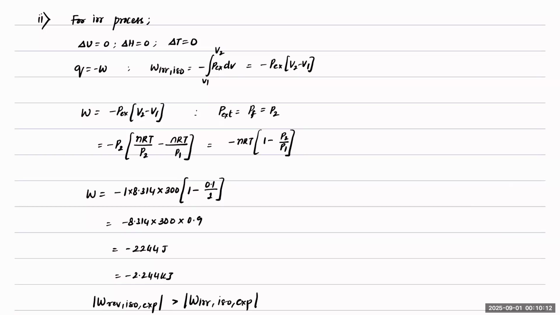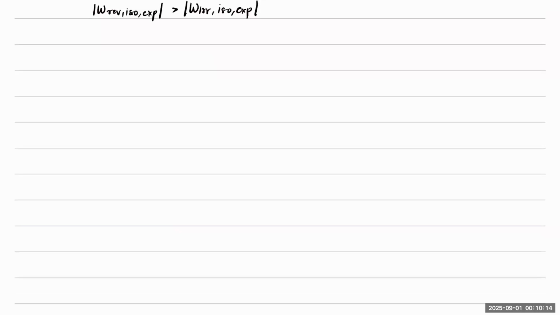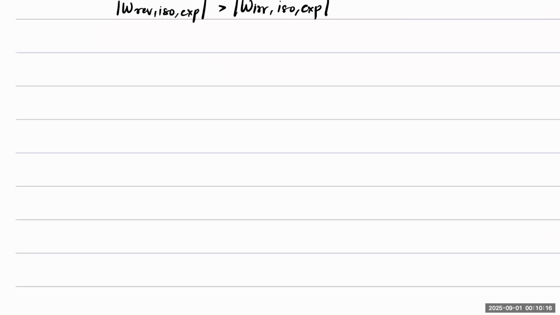Right. Let's see the next question. This time, what I'm trying to do is take an ideal gas for an isothermal expansion, but it is happening in two steps. Let me write down that question.